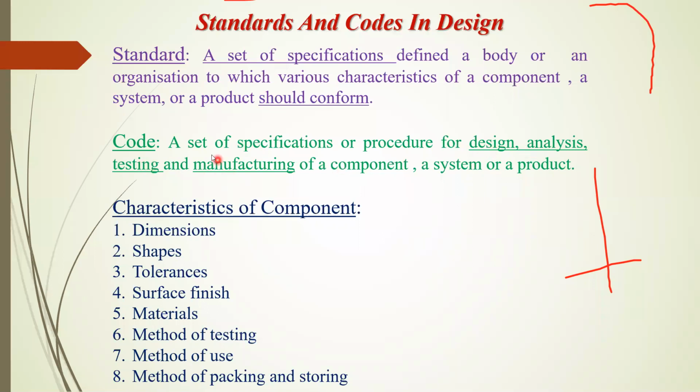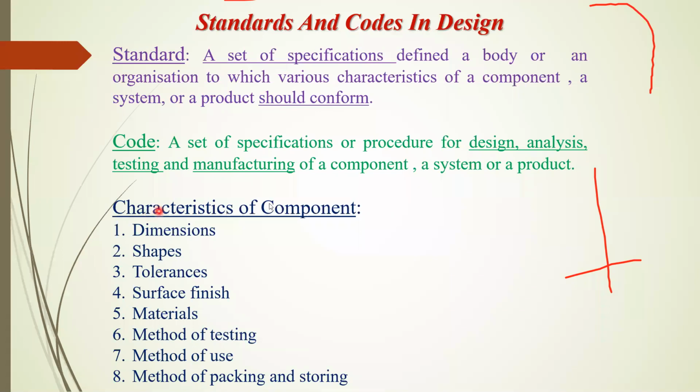Sometimes there are design procedures, analysis and testing procedures, and manufacturing processes, and the specifications provided for those processes are called codes. Specifications provided for a component, such as its dimensions, are called standards. That is the basic difference between standards and codes in design.